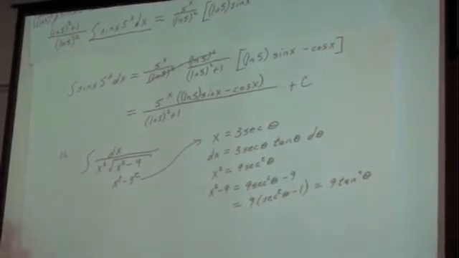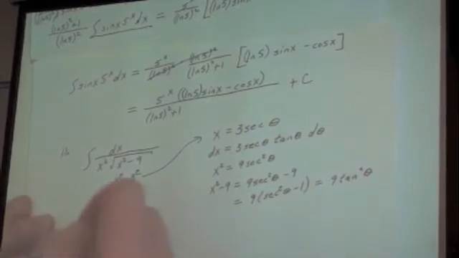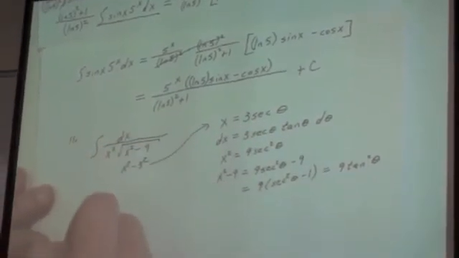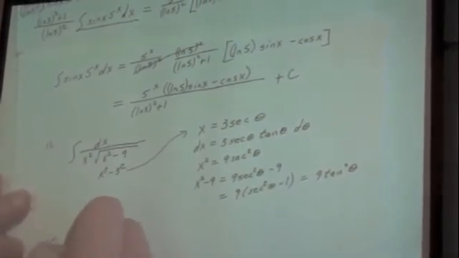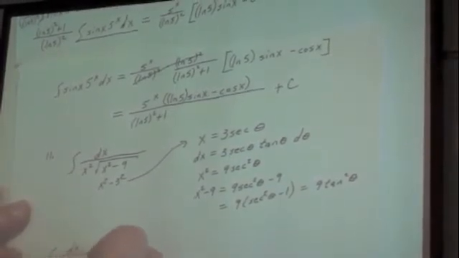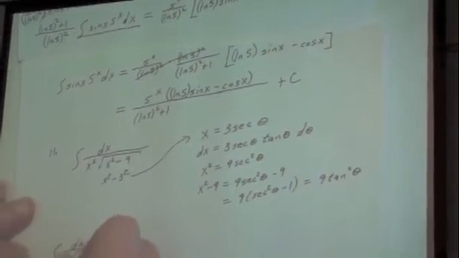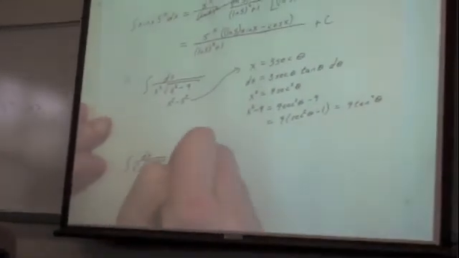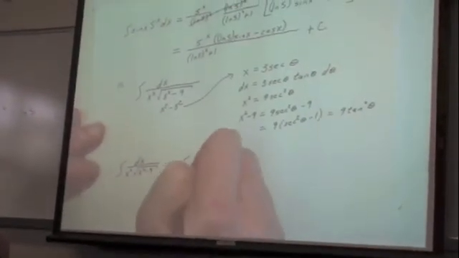So I have my problem set up. The integral dx over x squared on the square root of x squared minus 9 becomes the integral.